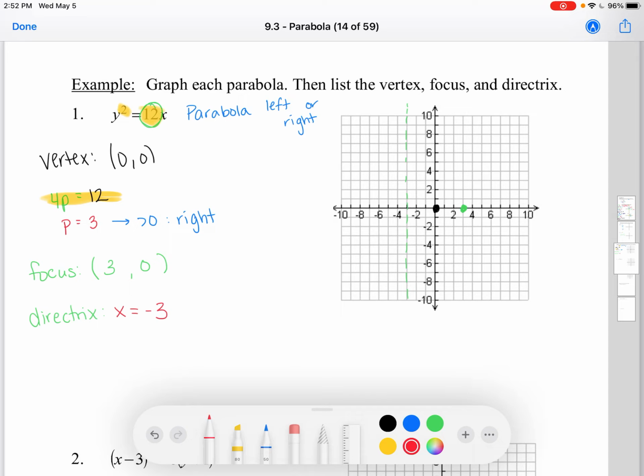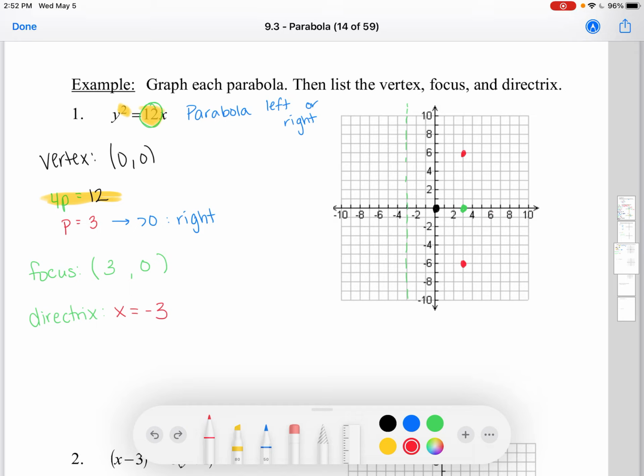And so if I wanted from the focus out to the parabola, I'm going to split it in half, and it's going to go out to the 6's. And again, if you counted the squares from the top to the bottom, that should be the total 12. That's where we got those values from. It should be straight through the focus and have a total length of 12.